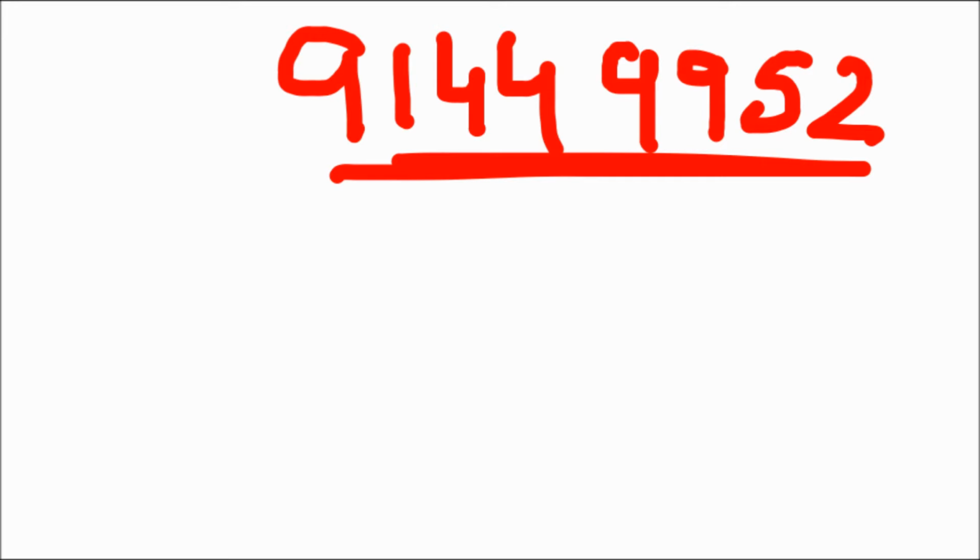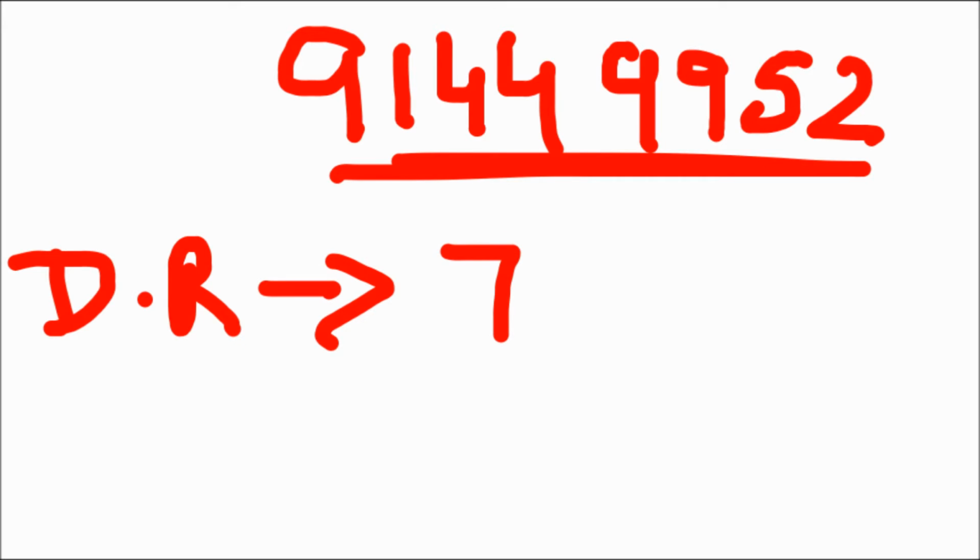It would give me 7, and as I got this digital root to be 7, which is neither 1 or 8 or 9, I'll simply conclude that this number 91449952 is not a perfect cube. Directly I would simply conclude this is not a perfect cube. So this is what you're going to do. You're going to eliminate all such options, and finally you will be able to find the correct answer.